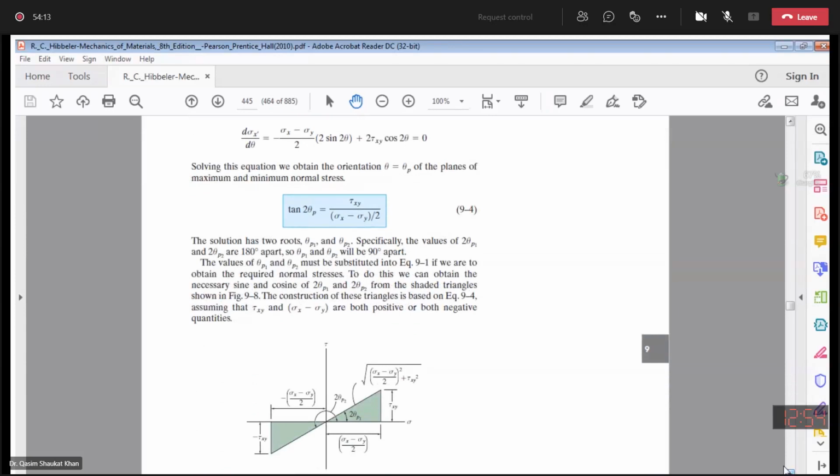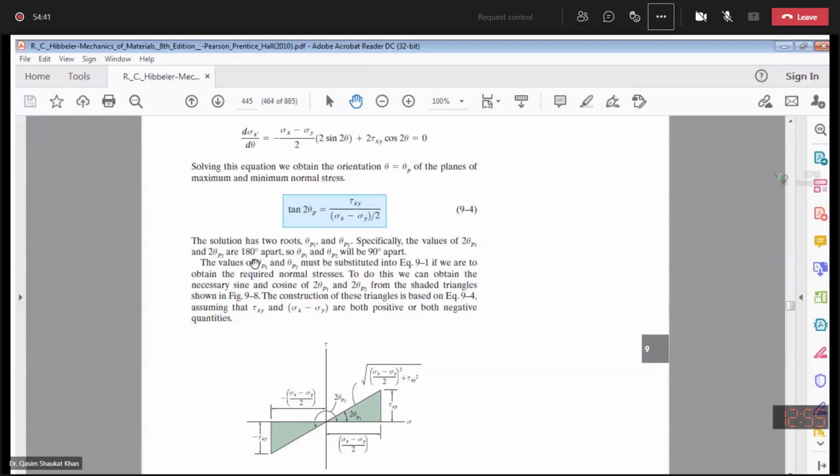The solution of this equation has two roots, theta p1 and theta p2. Specifically, the values of 2 theta p1 and 2 theta p2 are 180 degrees apart, so theta p1 and theta p2 will be 90 degrees apart.